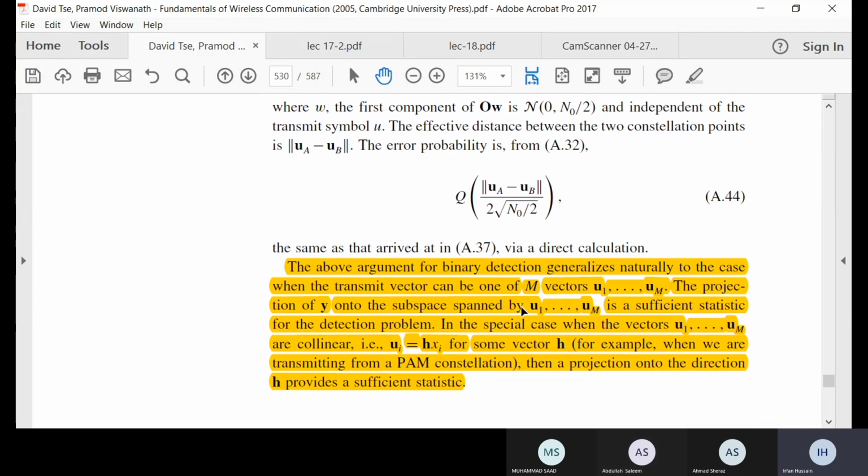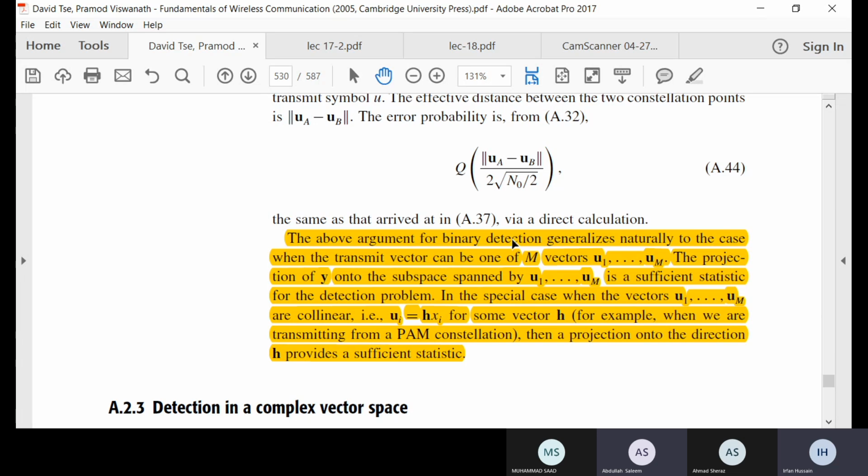And you can actually generalize this. For example, if you say, no, I don't have only two vectors, I have M vectors, U1 going to UM. In that case, you will project Y onto the subspace spanned by U1 to UM. Here you are projecting onto UA minus UB because UA minus UB defines the space, R minus R dash, or the region.